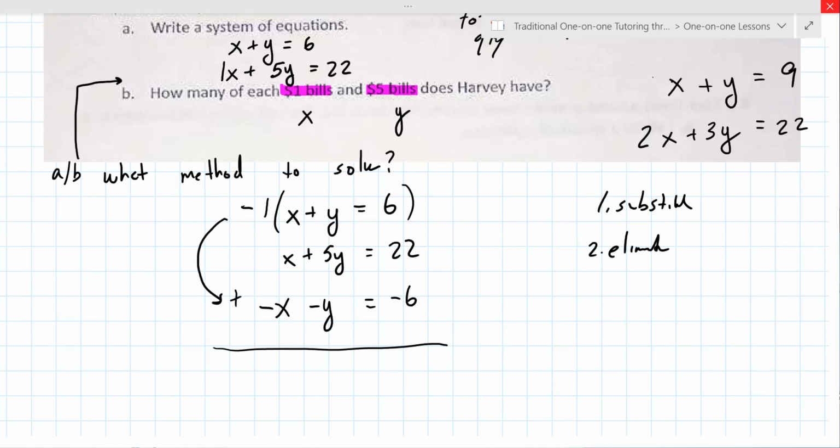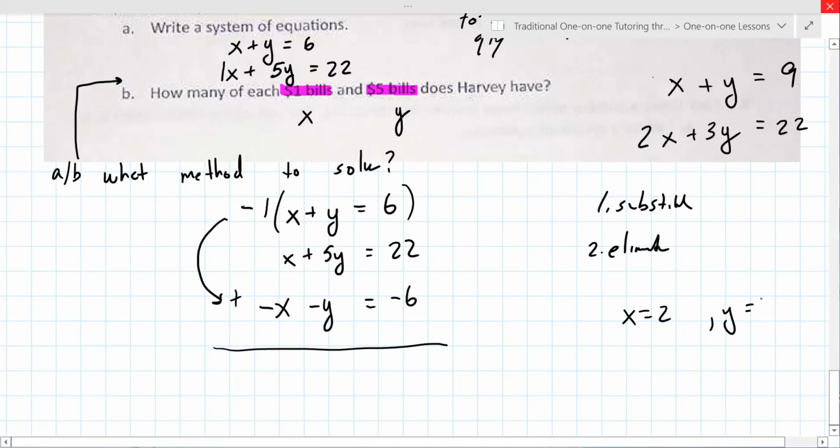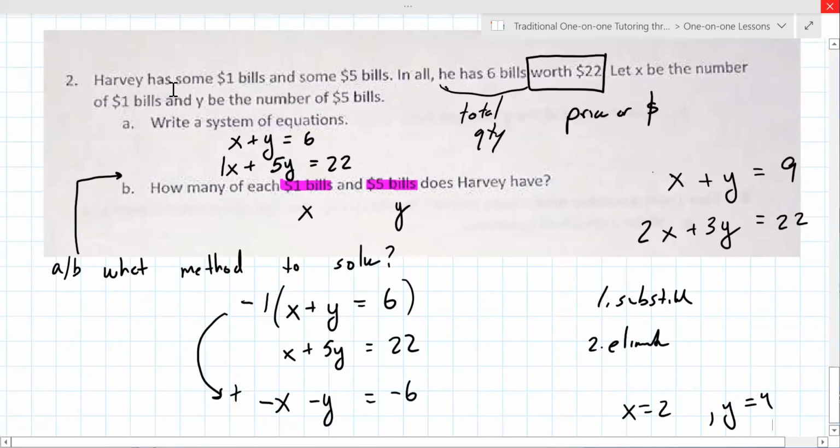I got x equals 2 and y equals 4. Hey, Austin, sorry about that, I'd muted myself. I was asking you if this was reasonable in the context of the problem, and it is.